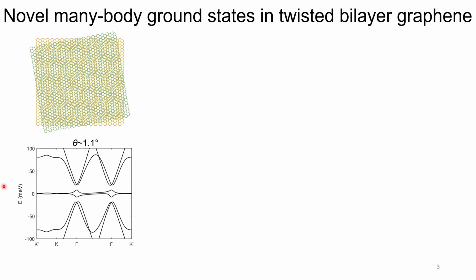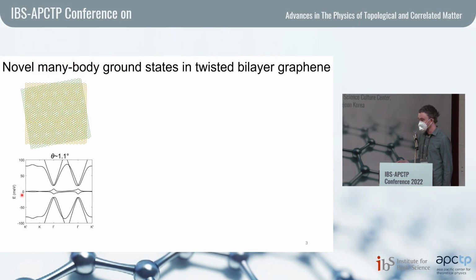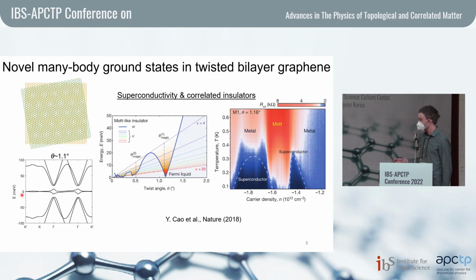So this is a single particle calculation of the sort of band structure one would expect around the so-called magic angle of about 1.1 degrees. And by now, the consequences of this too are quite famous. You can observe superconductivity and so-called correlated insulating states in this groundbreaking work from Pablo's group. And how do we understand this? Well, near the so-called magic angle, where the bands become so flat, one can enter a regime where the energy scale of the interactions dominates the bandwidth.